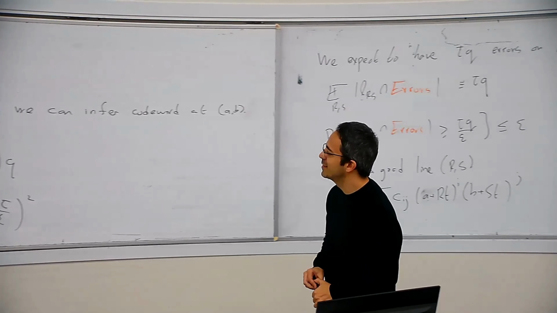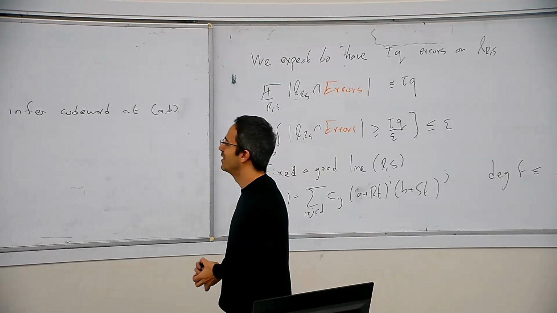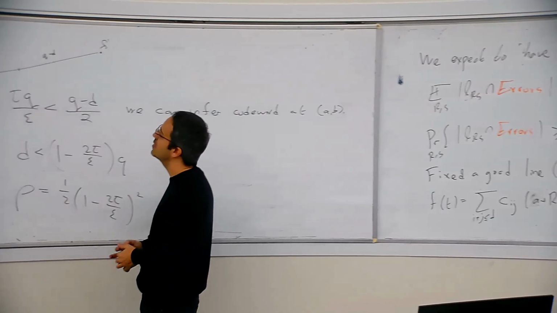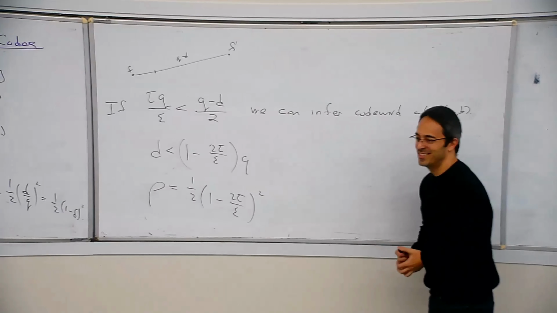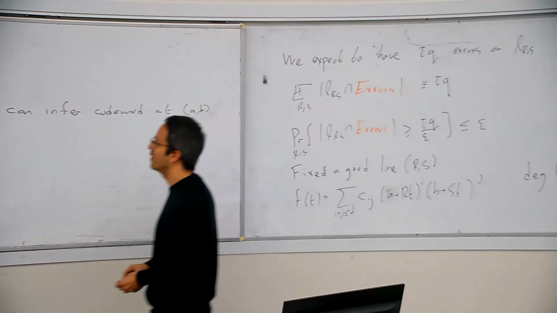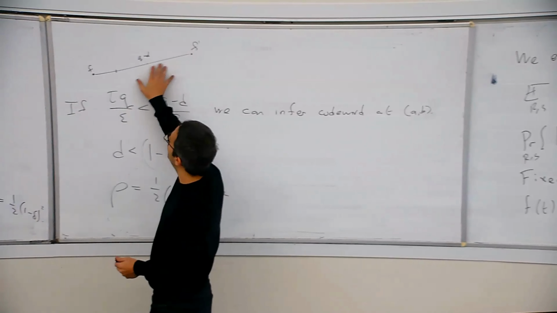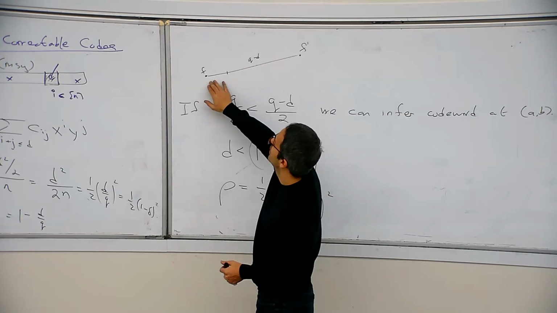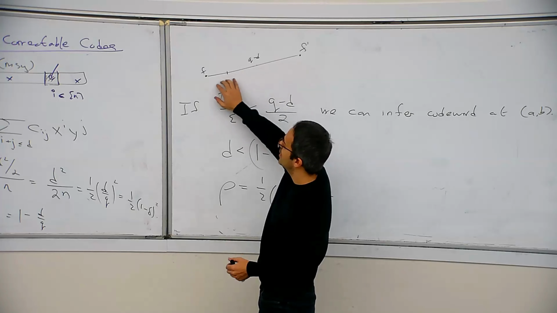Okay, questions? Can we actually use the majority? No, use the Reed-Solomon decoder. You are given the evaluation of a polynomial on the line, except for a few points.